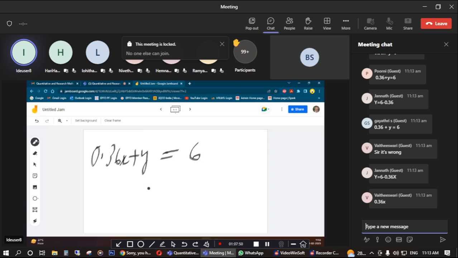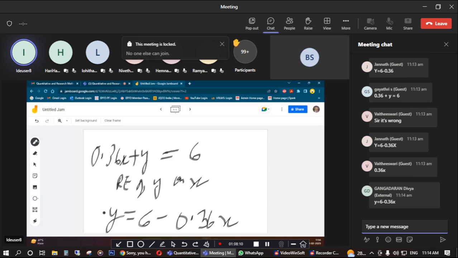Okay. இப்போ வந்து I want to find out the regression equation of y on x. Okay. அப்போ என்ன பண்ணோம்? Keep y terms here, remaining all throw it that side. So y is equal to 6 minus 0.36x. இப்போ what is the coefficient of y?